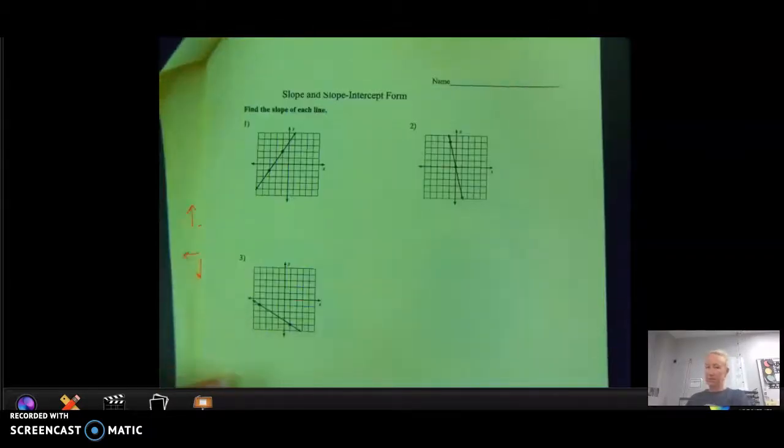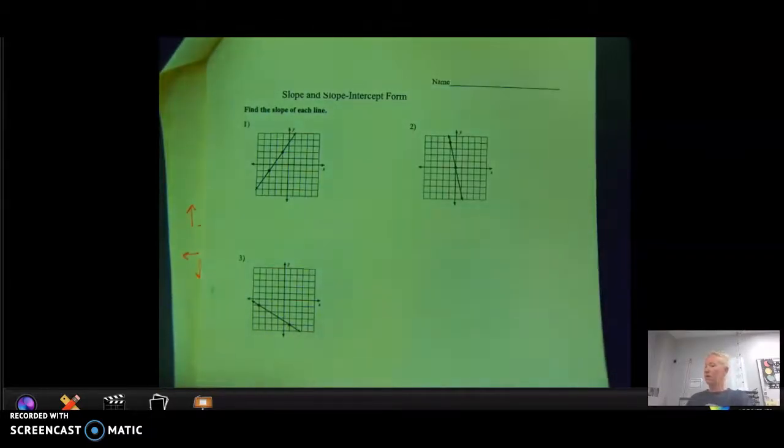So these next pages are slope intercept form.